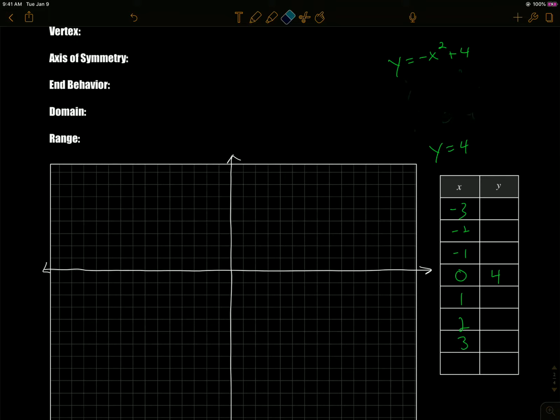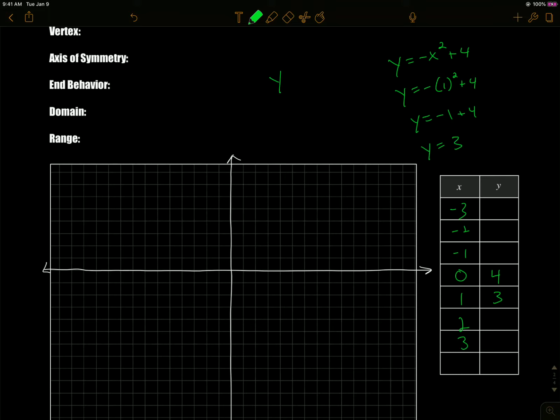Okay, now let's do the same for 1. Give me 1 second here, I just have to charge the Apple Pencil. It's getting low. So now let's plug in 1. We've got y equals -(1) squared plus 4. So y equals -1 times 1 is -1, plus 4. So y equals 3.